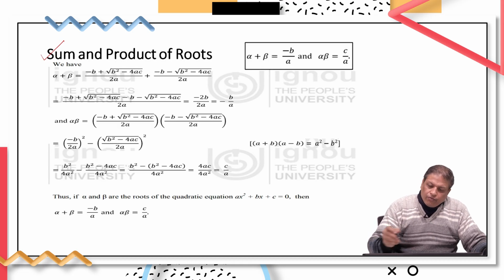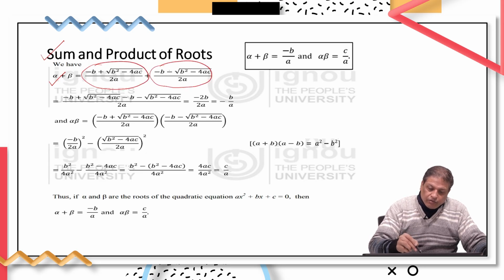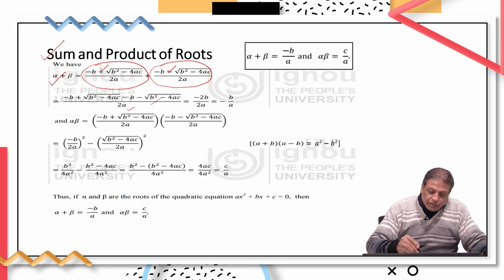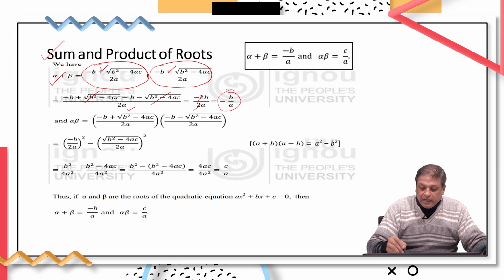So, if alpha and beta are the roots, then alpha plus beta will be given by, this is taking care of the positive component, and this is taking care of the negative component of root b square minus 4ac, and by performing the normal algebraic operations, taking LCM 2a, you will find that this and this will cancel out, as a result of which the overall solution turns out to be minus 2b upon 2a, wherein 2 and 2 also cancel out and it is minus b upon a.